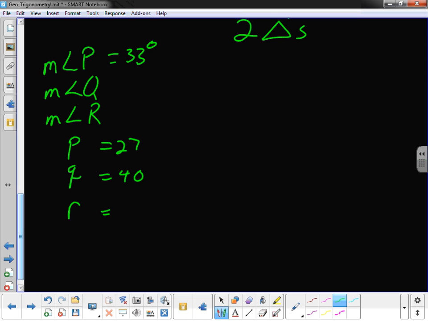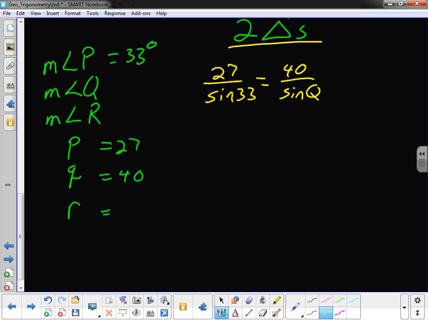Those are the ones I know. So I set up the law of sines, knowing I'm going to be looking for two triangles. I've got 27 over the sine of 33 equal to 40 over the sine of Q.